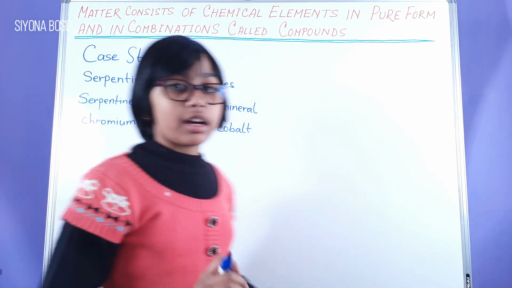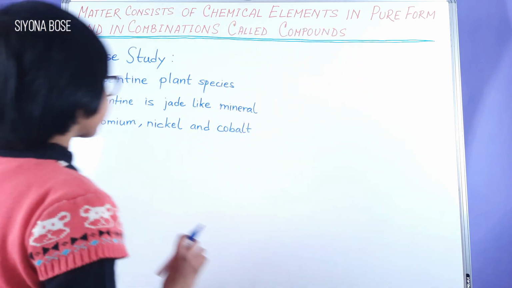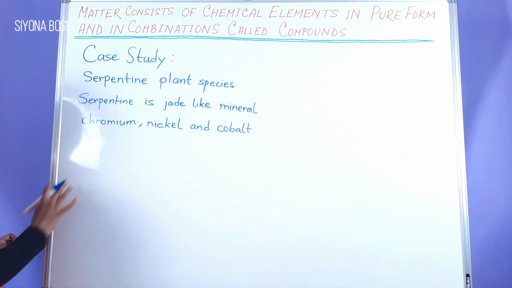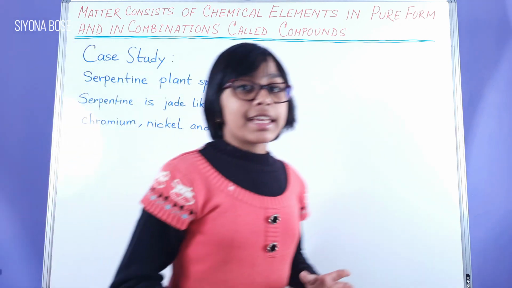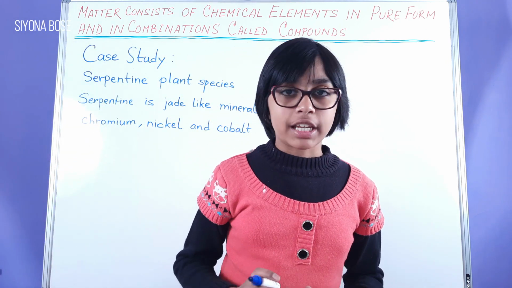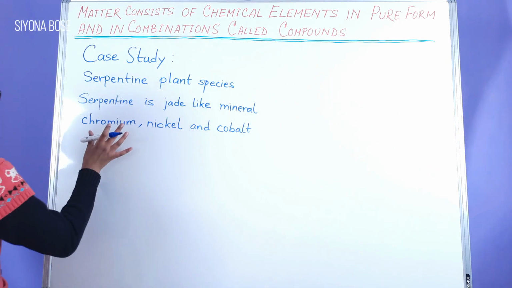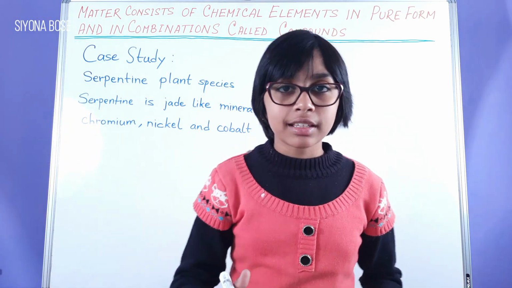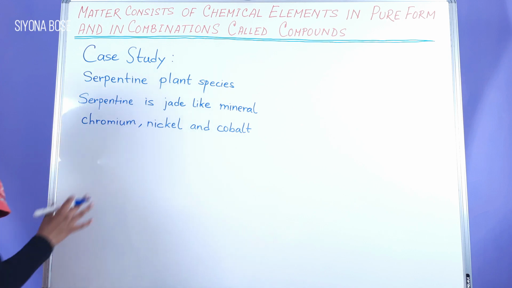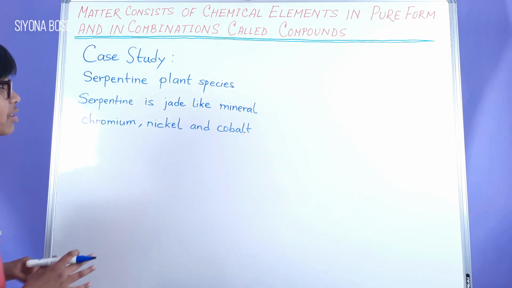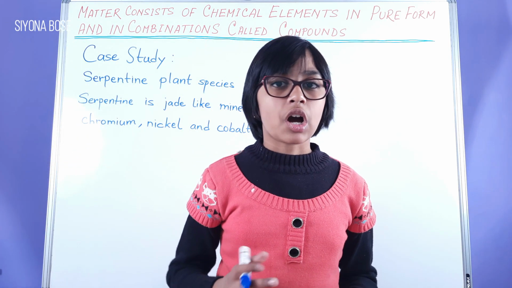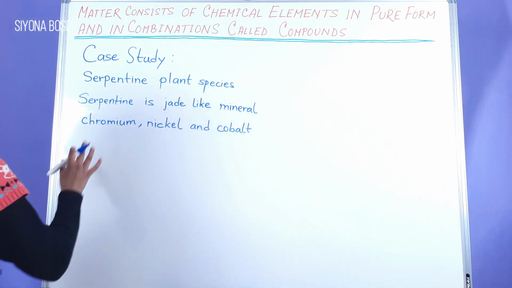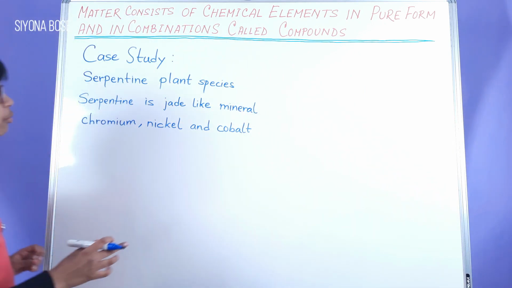One piece of information is that chromium is considered carcinogenic for humans. Like some faucets or taps have a chromium coating that is sort of carcinogenic for human beings, and nickel and cobalt are also toxic. Hence serpentine is a jade-like mineral which is toxic.